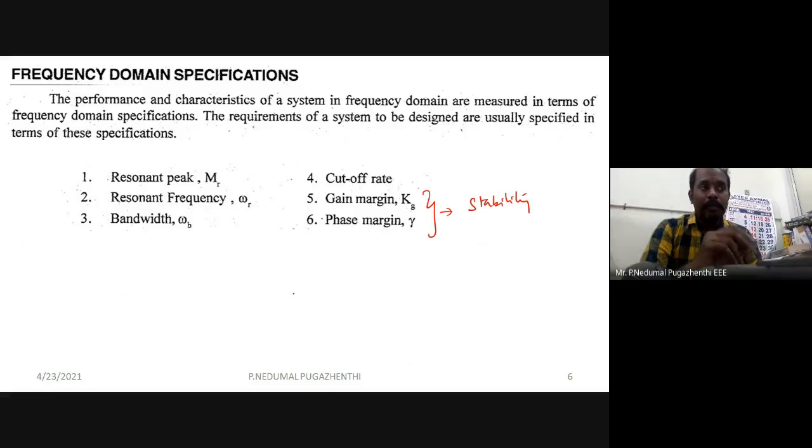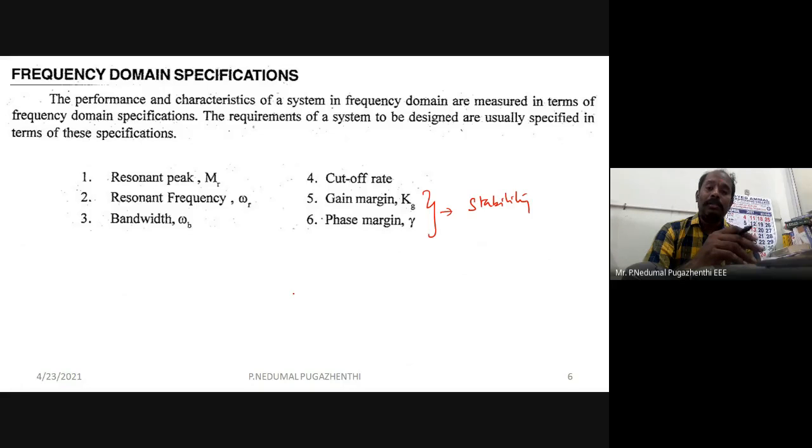So we have obtained that resonant peak relates to the maximum peak overshoot, and from bandwidth, cutoff rate and resonant frequency, you will be able to capture dynamics like transient response, rise time and speed of response. The cutoff rate and bandwidth also help in designing a filter.